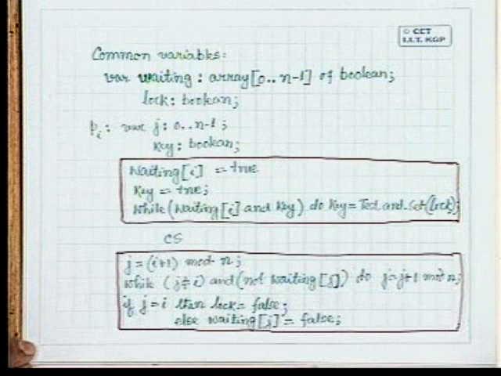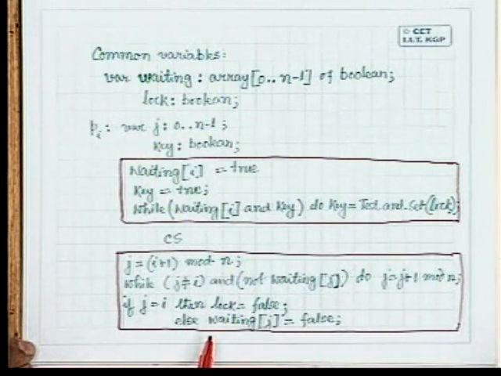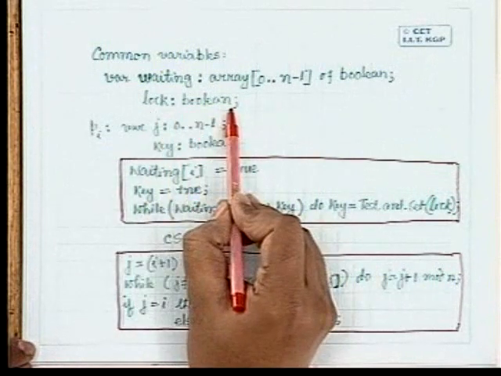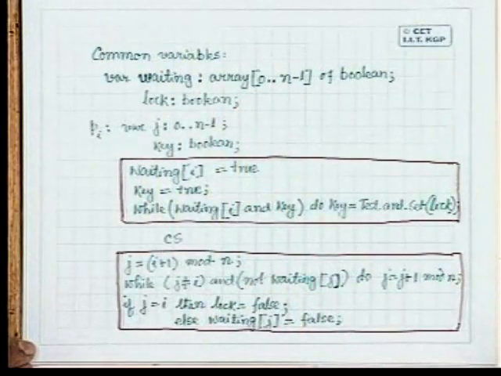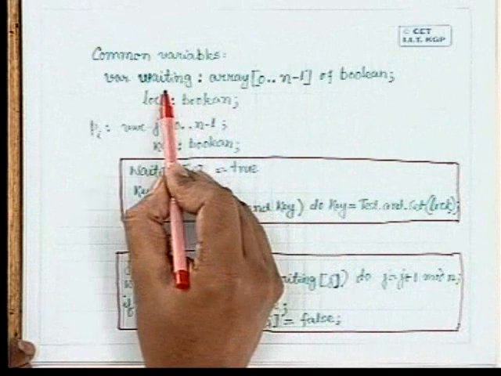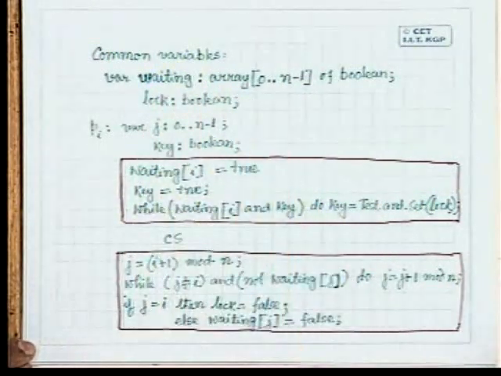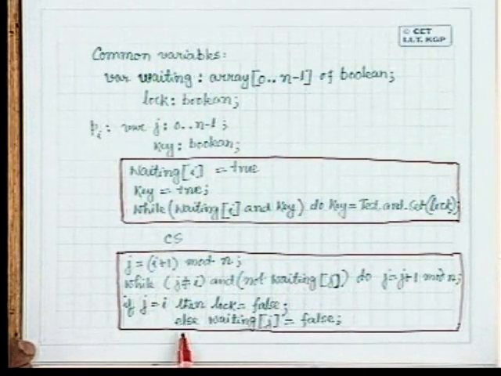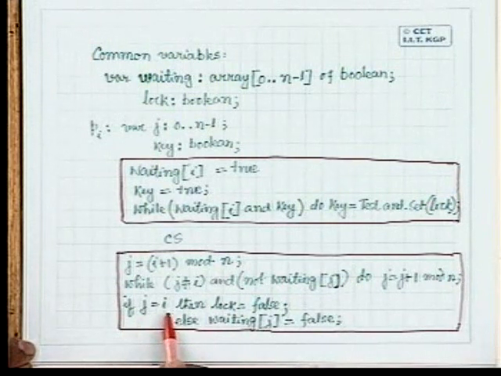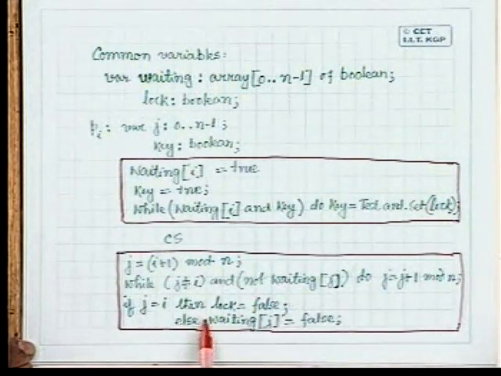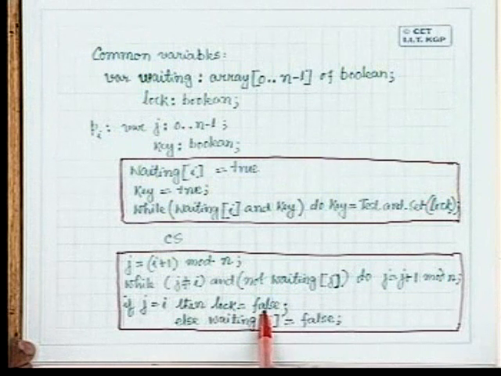That means I am back to the initial state. And what is my initial state? Initial state is lock is false, and all the components of waiting are also equal to false. So to go back to the initial state, I have to set lock to false.